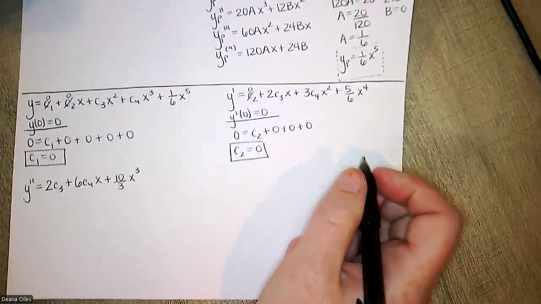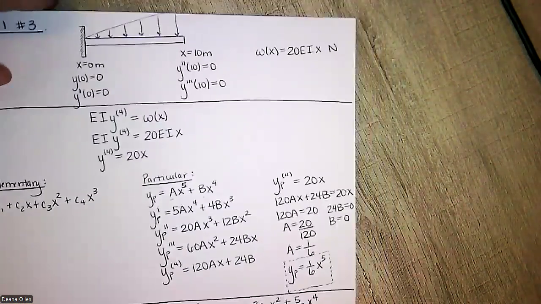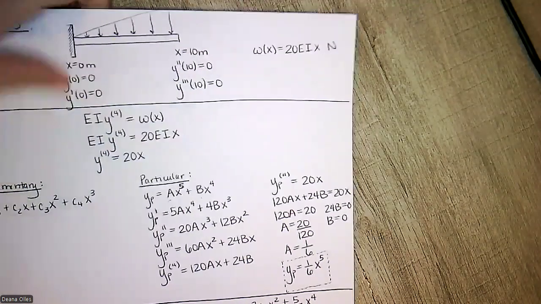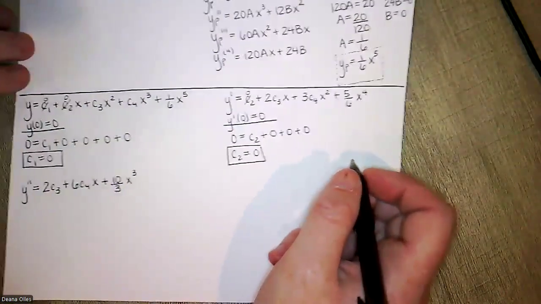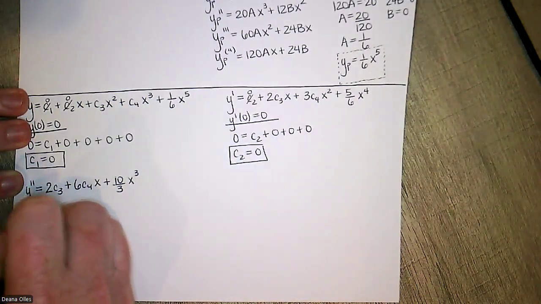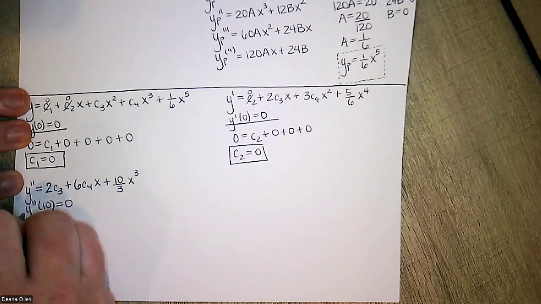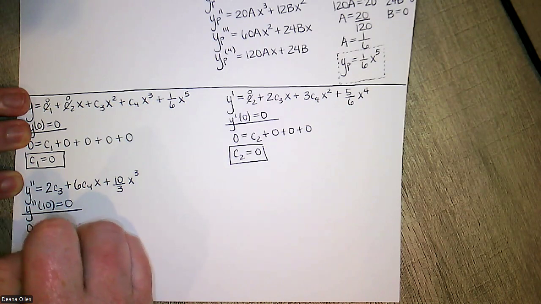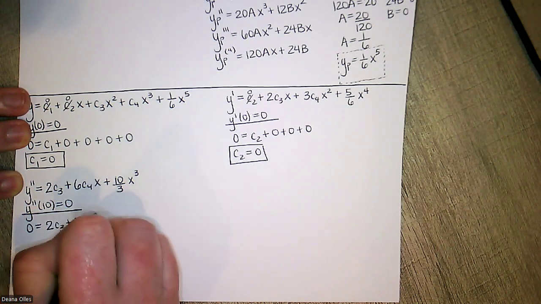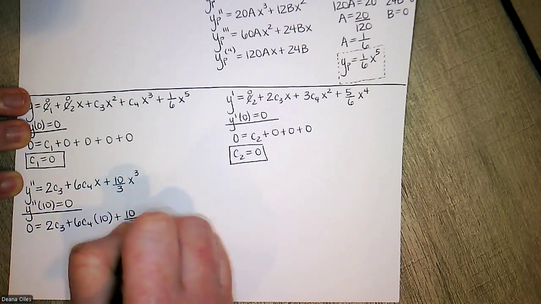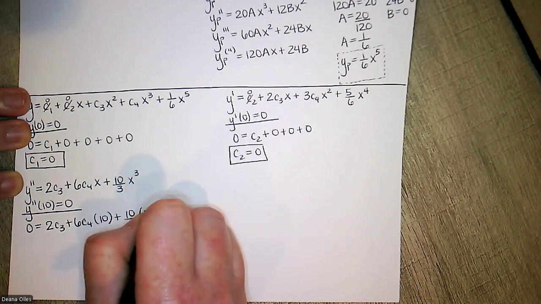And then one more time coming back up here, I want to use y double prime of 10 equals 0. So I have 0 equals 2C3 plus 6C4 times 10 plus 10/3 times 10 cubed.